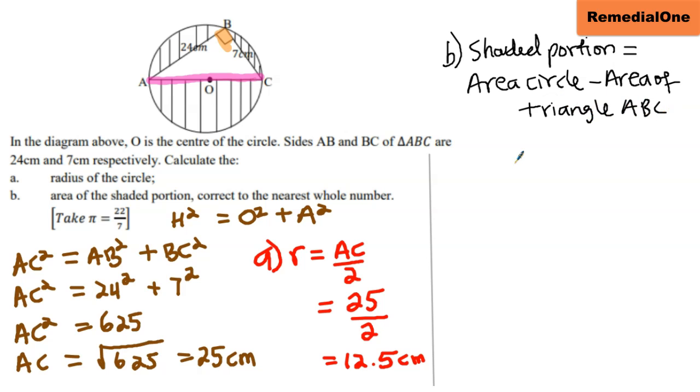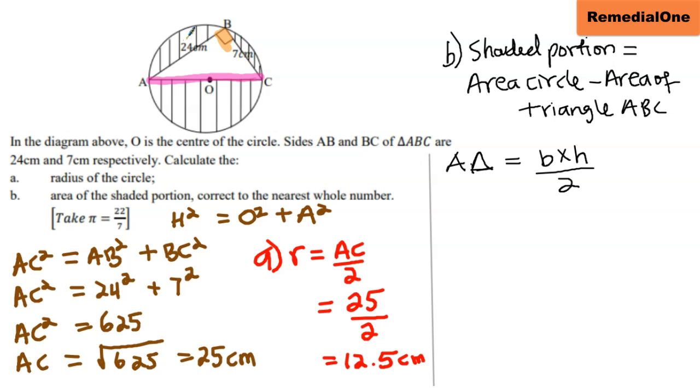Since we are working with a triangle, let's first find the area of the triangle. This is a right triangle, so it's going to be the base length times the height divided by 2. And be careful, don't use the 25. When we are talking about the height, it has to be the perpendicular, so it's either 7 or 24.